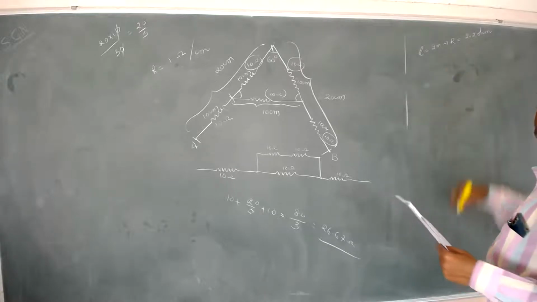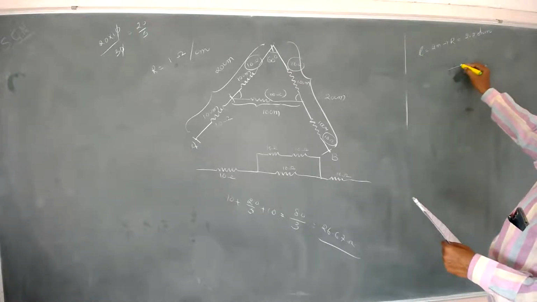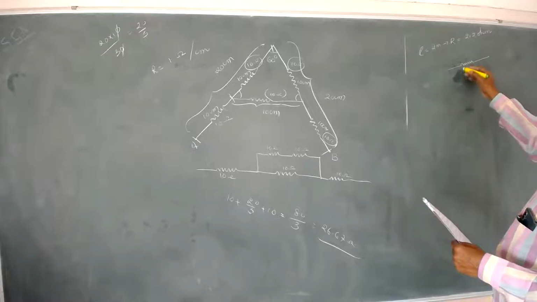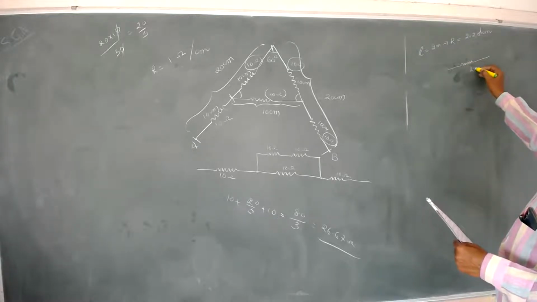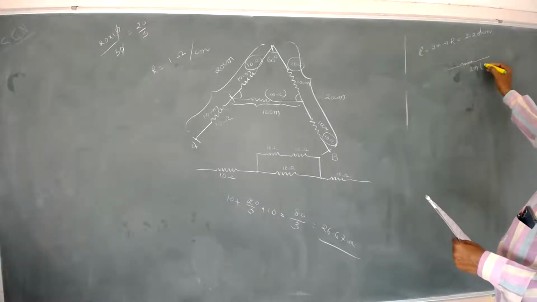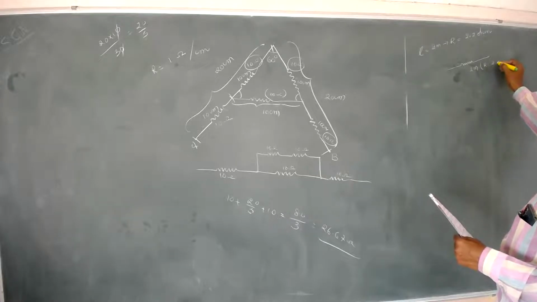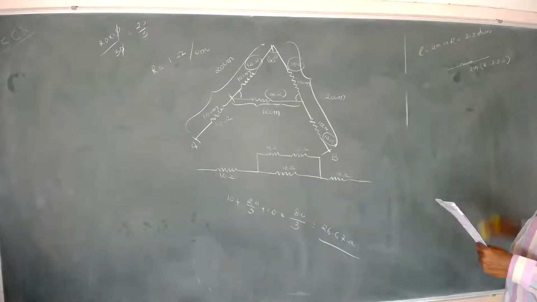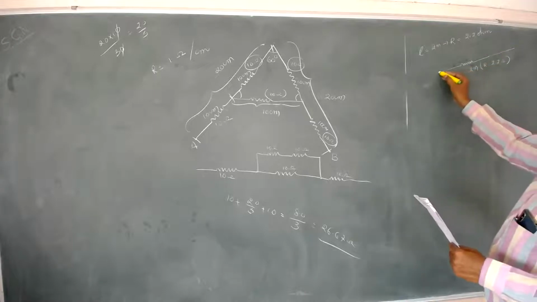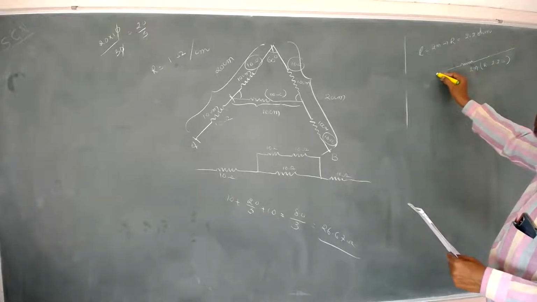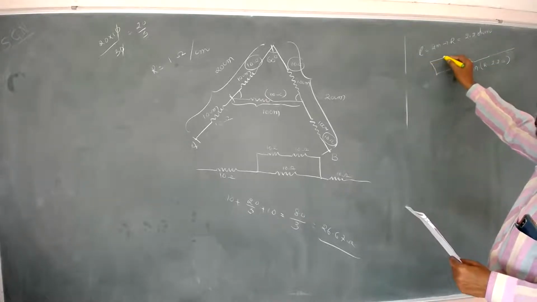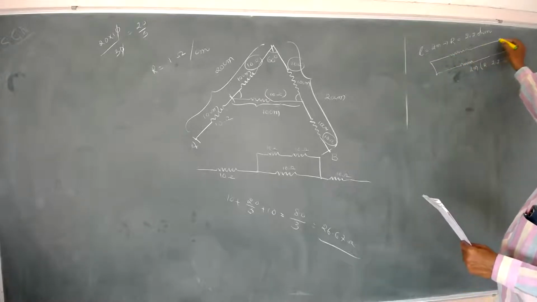So one more wire is connected in parallel, which will give a resistance of 2 ohm. Look at this. This is one wire of 2 meter length, and its resistance R is equal to 2.2 ohm. Now one more wire is connected over here like this.